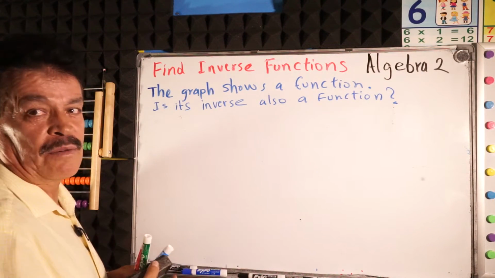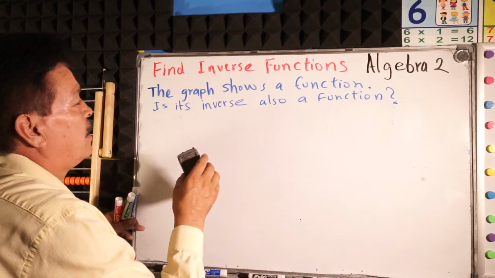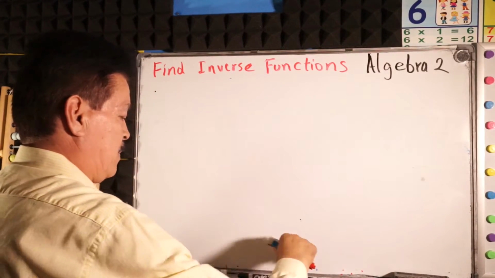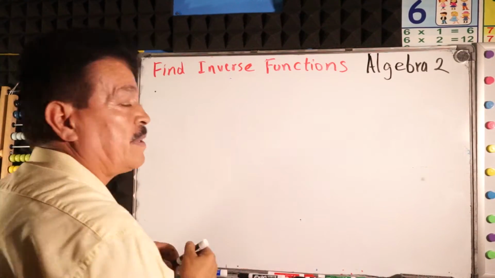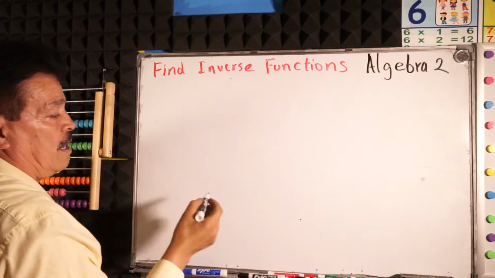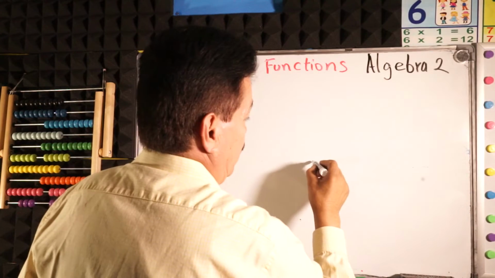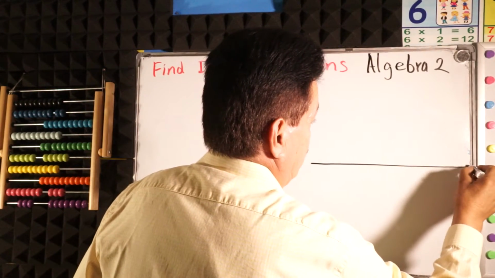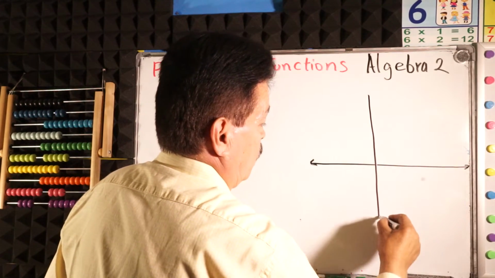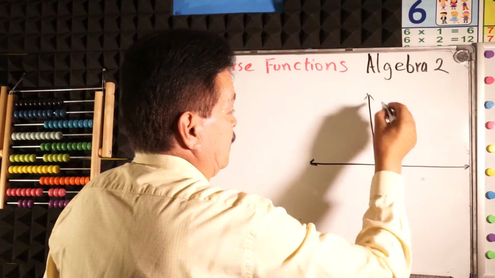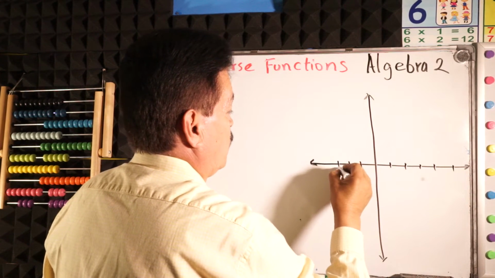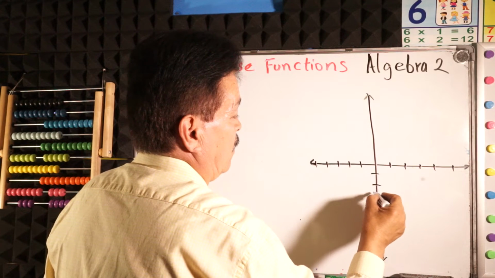Let me write another problem here. Let me draw the graph, a different graph than the one before. Let me write 1, 2, 3, 4, 5 points, that's enough.